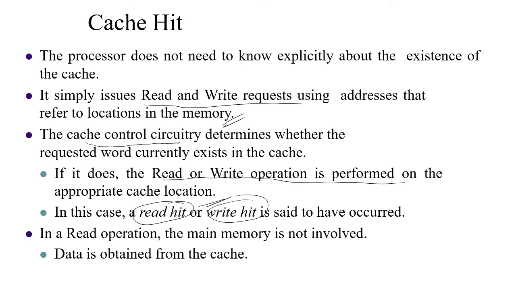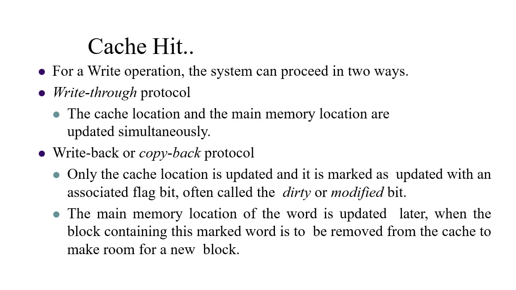During the read operation, the main memory is not involved, whereas during the write operation, both may be involved; it depends on what type of protocol you are going to use. We have two different types of protocol in case of write hit. During the read hit, main memory is not involved.